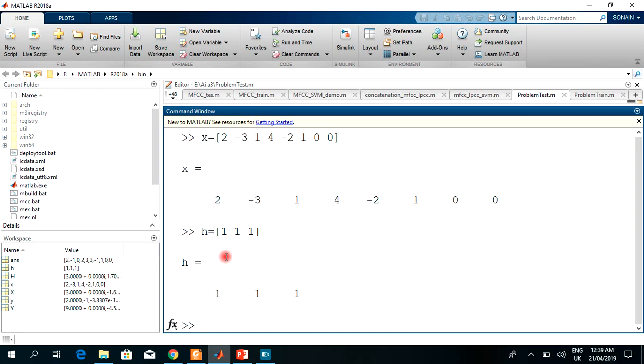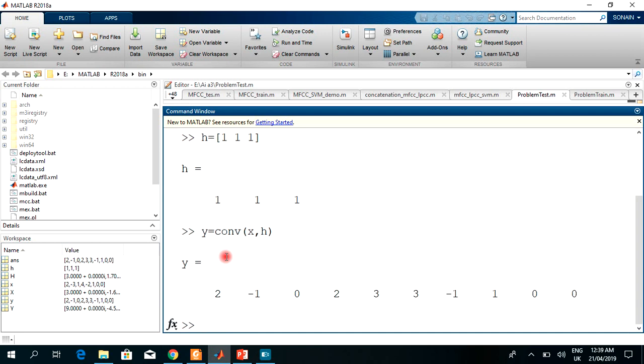Now I want to find the convolution in time domain. Just write the conv command and then type this one. This is the convolution in time domain.